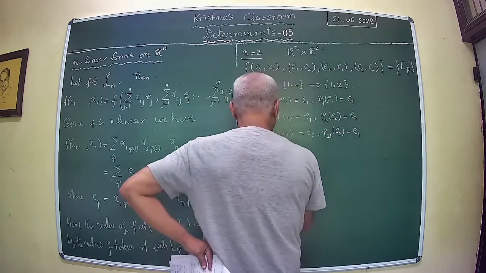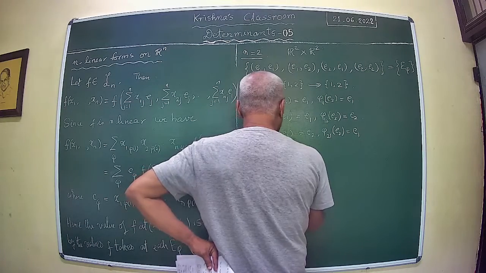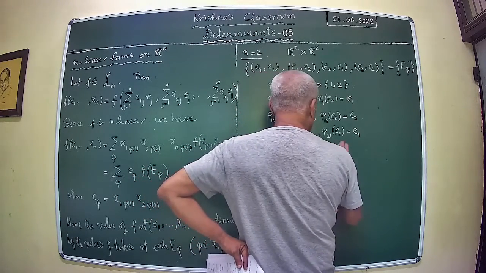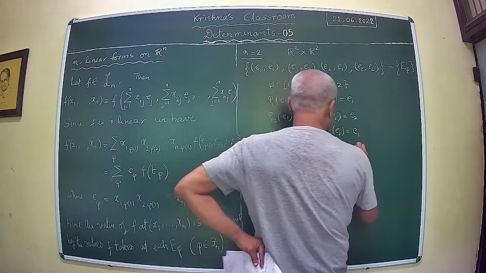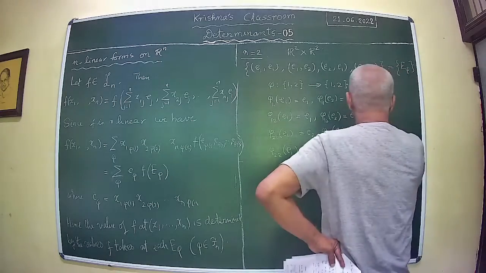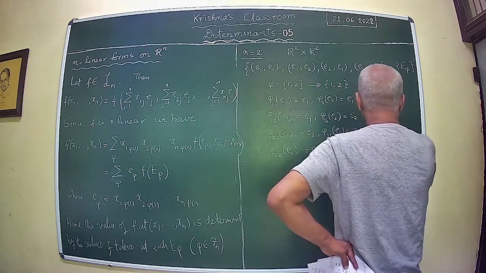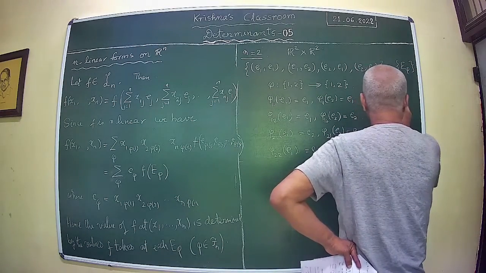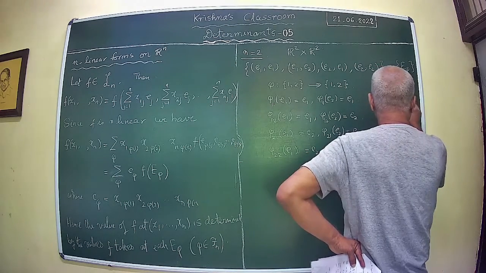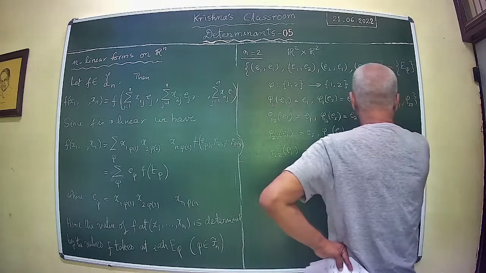And phi 2 2 of E1 I define as E2, phi 2 2 of E2 define as E2. So you have 4 functions, phi 1 1, phi 1 2, phi 2 1 and phi 2 2, defined in this way.